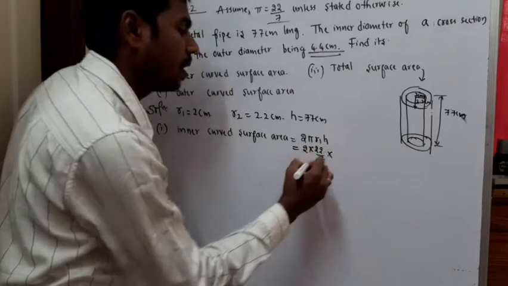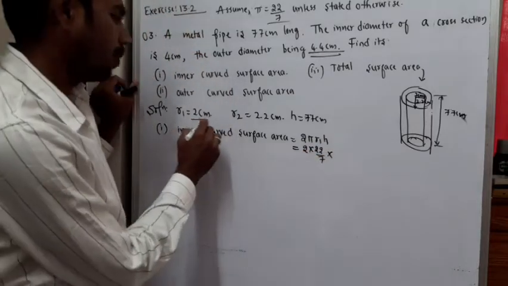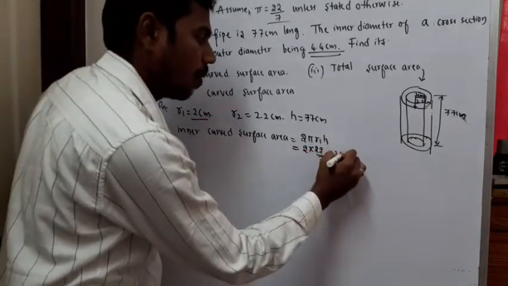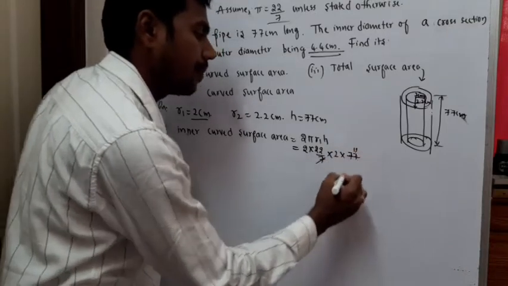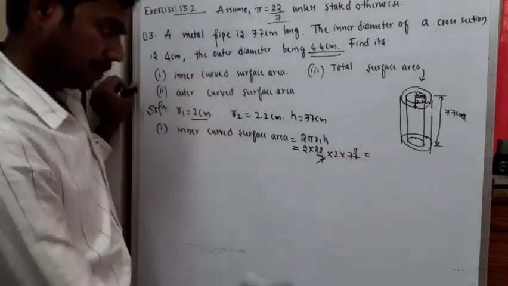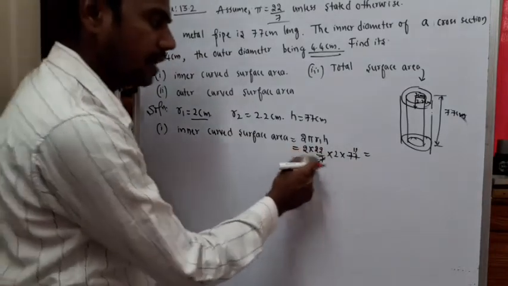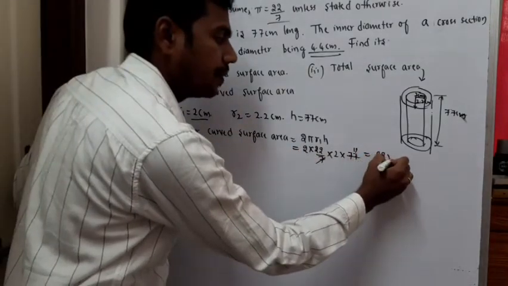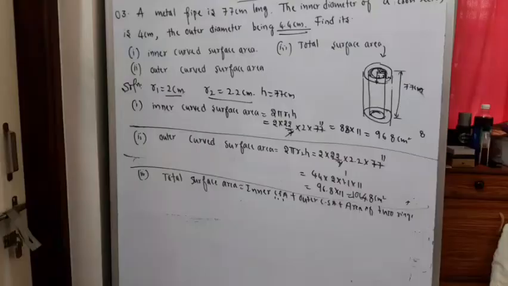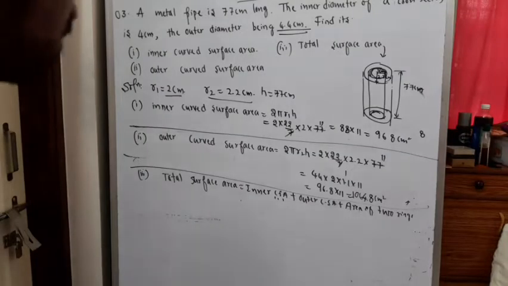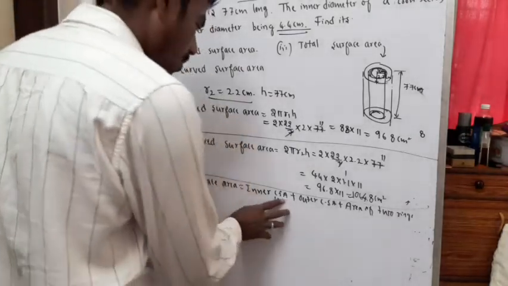What is r1? r1 is equal to 2 centimeter. What is h? h is equal to 77. 7 ones are 7, 11s are 11. 44, 88, 88 into 11.